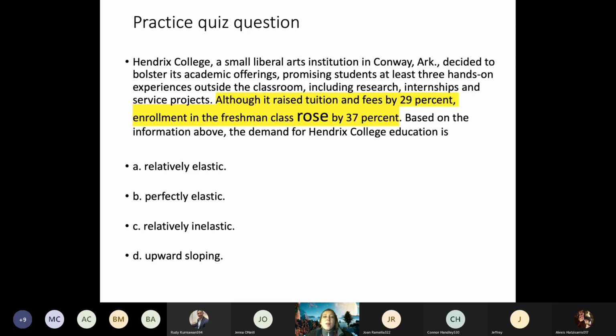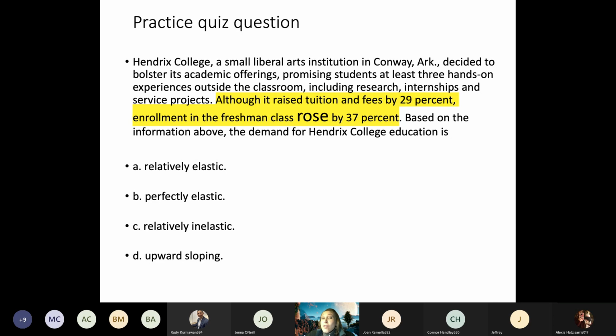Okay, this is Brian's favorite question, the one from our practice quiz. We have a college, a small liberal arts institution that decided to increase its offerings to students and offered this and this and this.